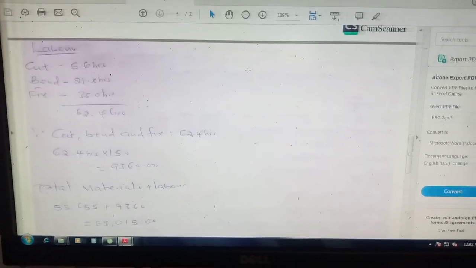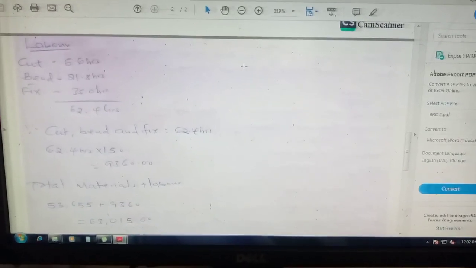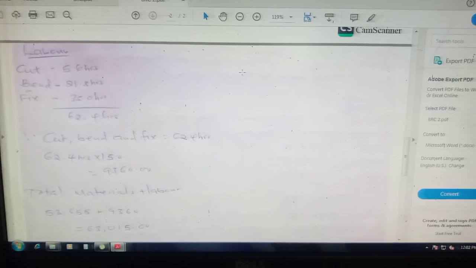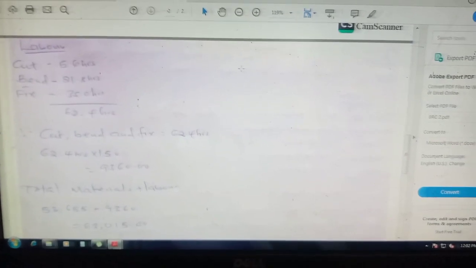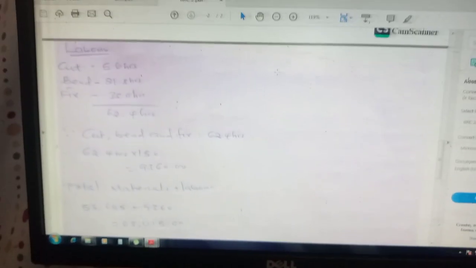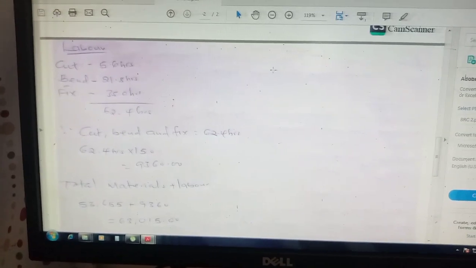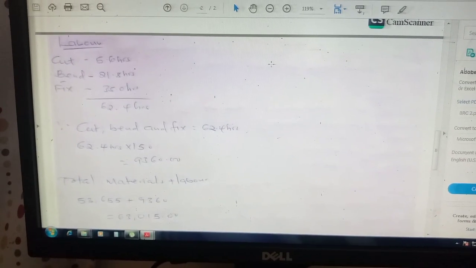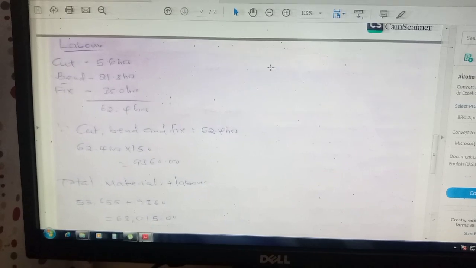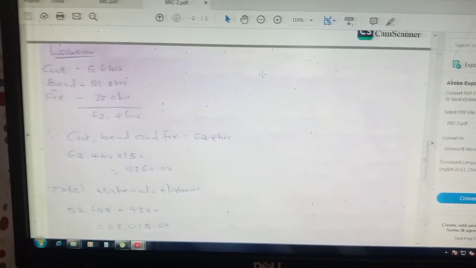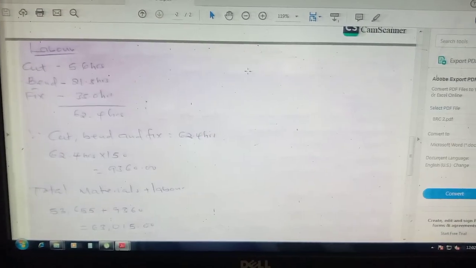Their total will be 62.4 hours. Therefore, cut, bend, and fix is 62.4 hours.